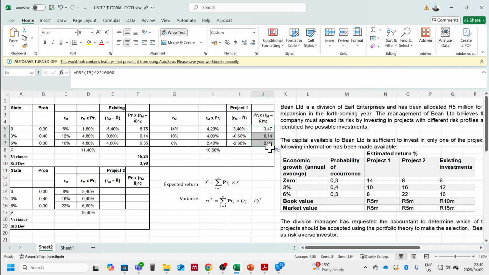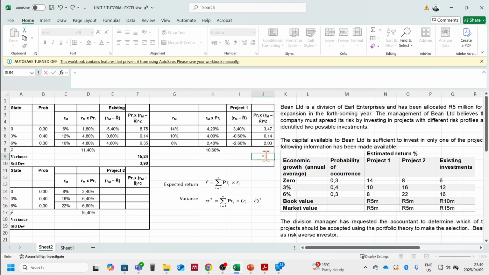And therefore, we can do the same for the other three and say that for the state of the economy at 3%, the variance is 0.4%. At 6%, the variance is 2.03%. Therefore, this is the sum of the three above, giving us 5.64%.